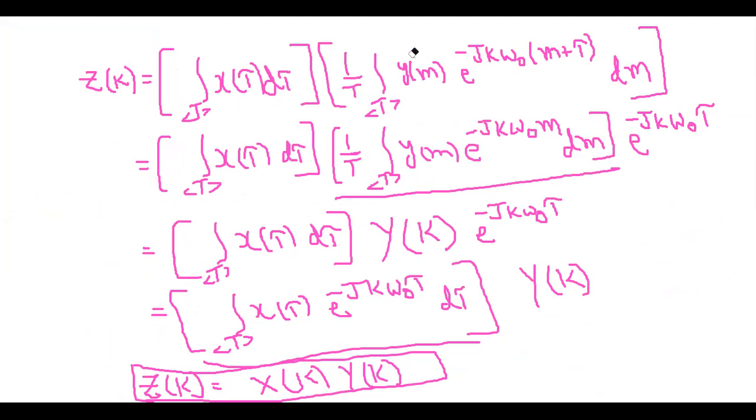To keep the 1 by T here, multiply by T. This function has x of k and y of k, and there is a T also there: T into x of k, y of k.